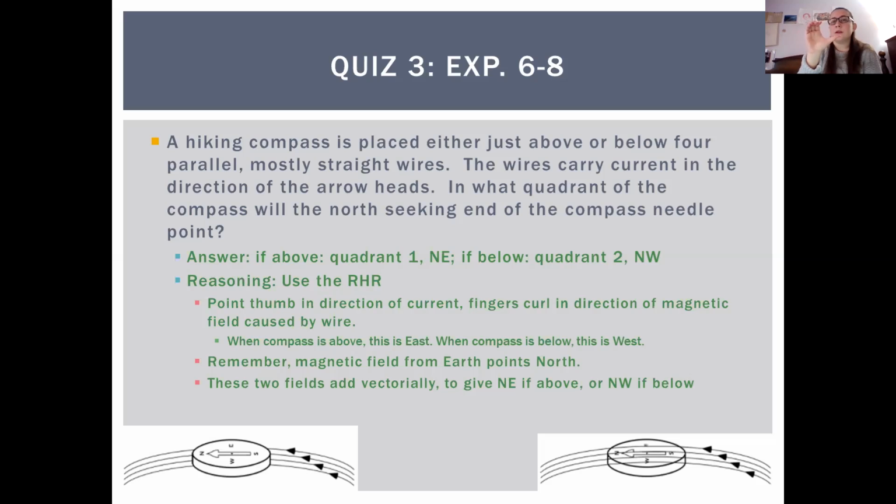And since the Earth's magnetic field is aligned in the north direction, we combine those two directions. So north plus east gives us a resultant of northeast, which is quadrant 1. If the compass is below the coil of wires, well, now my fingers are pointing towards me or towards the west. So then our resultant field is north plus west or northwest.